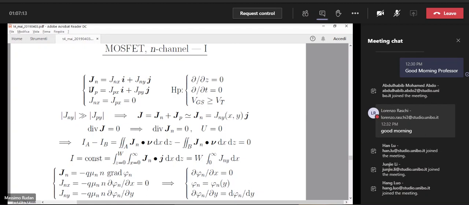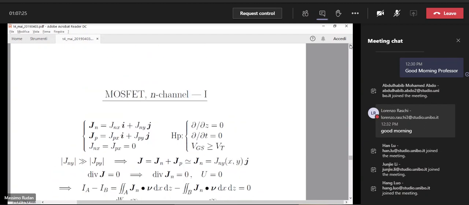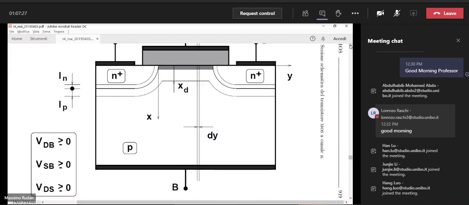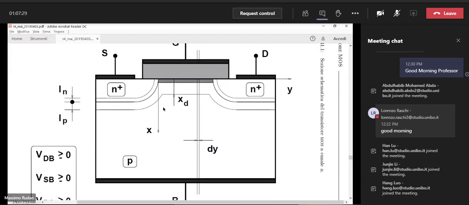And similarly, we have Jp equal to Jpx i plus Jpy j. Okay, but immediately after, we notice that the current densities along the x-axis cannot exist because there is the insulator in between.